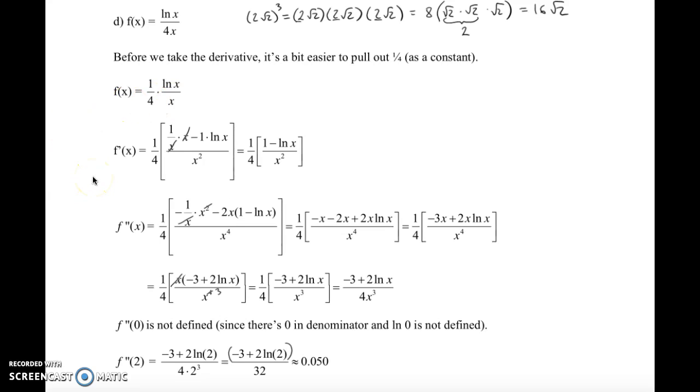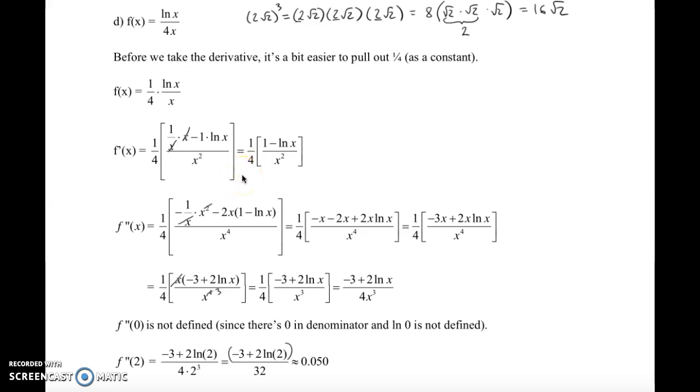So now we have to use the quotient rule once again. So we have 1 over x times x minus 1 times ln of x over x squared, going ahead and using our quotient rule. 1/4 stays pulled out here, and we're going to leave it out most of the whole time until we're done.